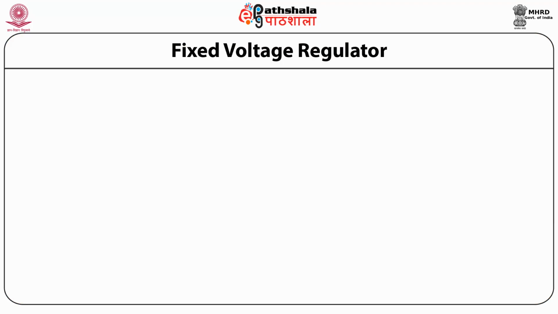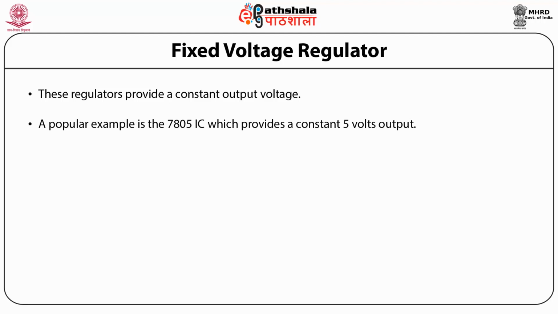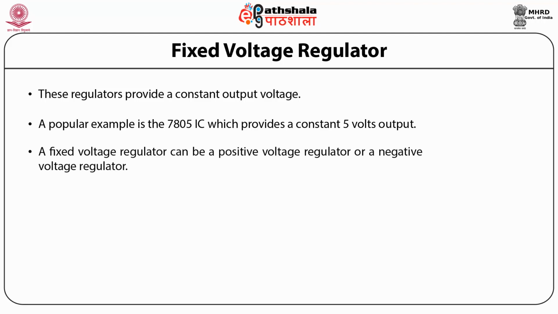Fixed voltage regulator. These regulators provide a constant output voltage, and a popular example is the 7805 IC, which provides a constant 5 volts output as shown in this figure. A fixed voltage regulator can be a positive voltage regulator or a negative voltage regulator.